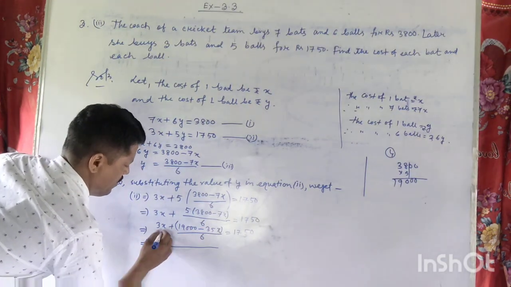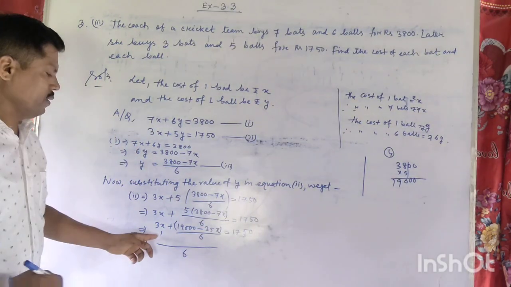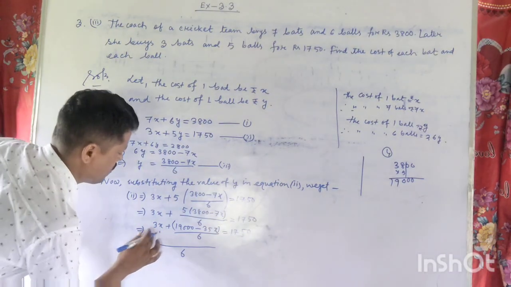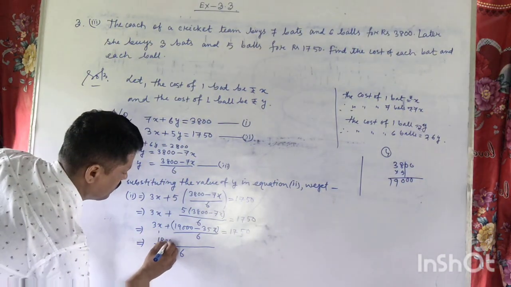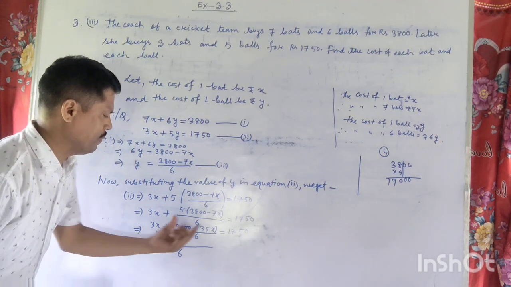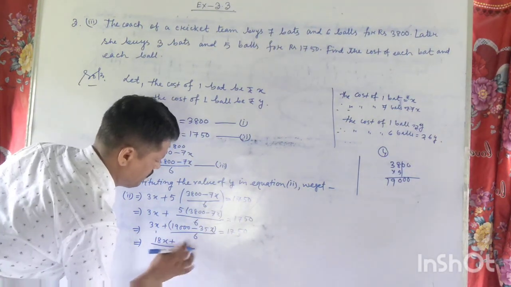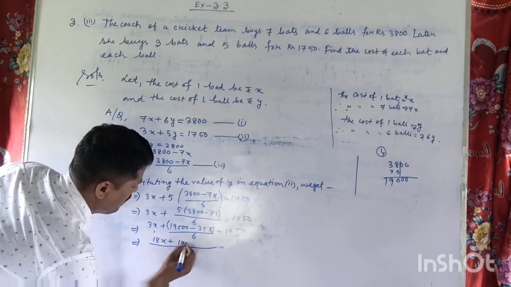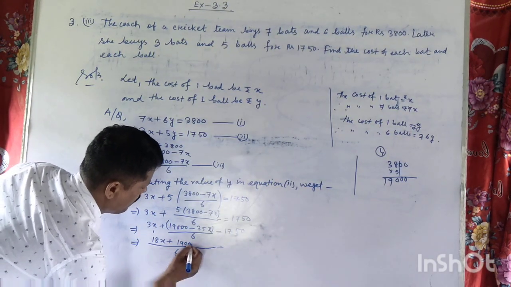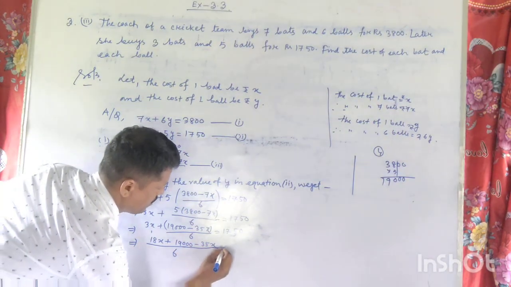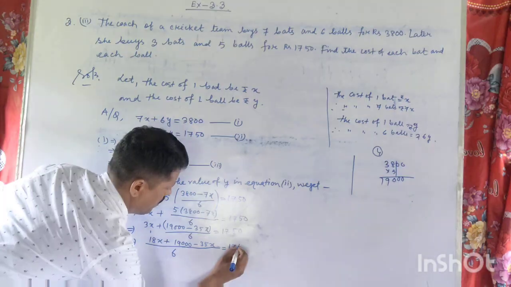So take the LCM 6. 6 into 3 is 18x, plus 6 in 6, 1 time, then 1 multiplied with this, then we will get 19,000 minus 35x is equal to 1750.